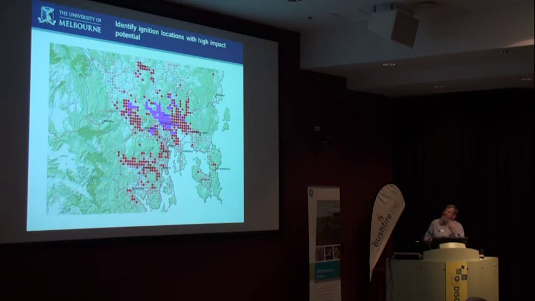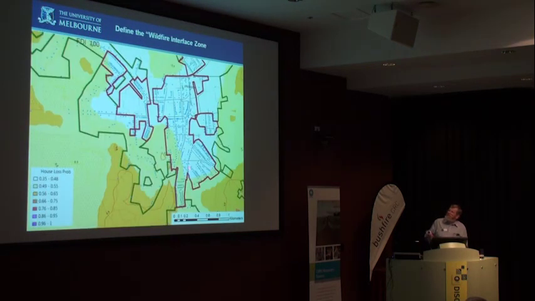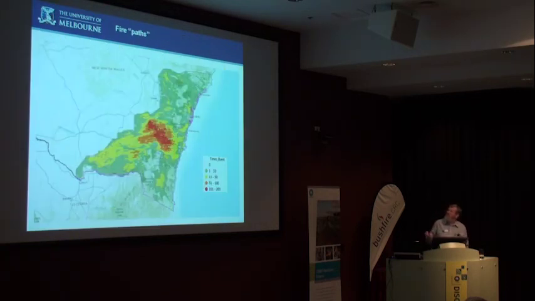We can look at some detail of where it's coming from. We can redefine what the wildfire interface zone really is. Rather than the wildfire-urban interface, we don't want to know how far away from the bush we are. We want to know how exposed we are likely to be to a bushfire. This is some work that I'll be talking about a bit later on, but you can see it's asymmetrical because fires aren't symmetrical and the weather systems aren't symmetrical.